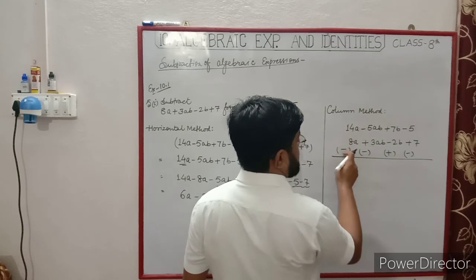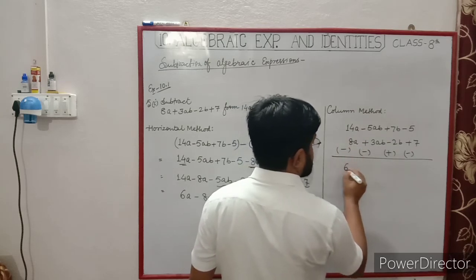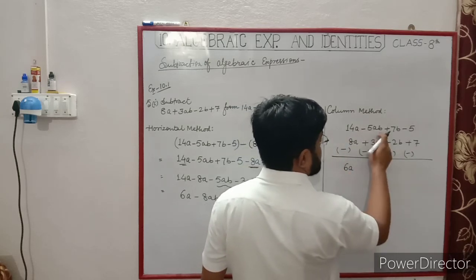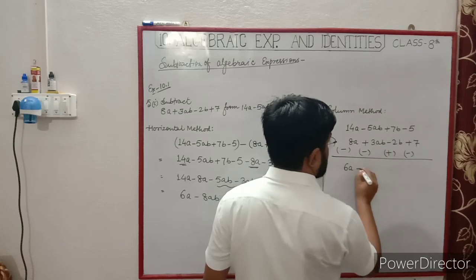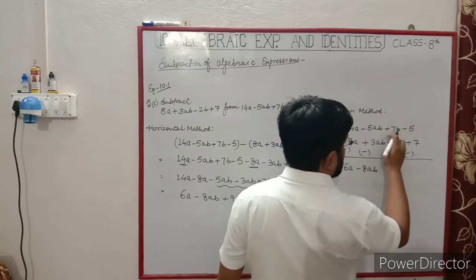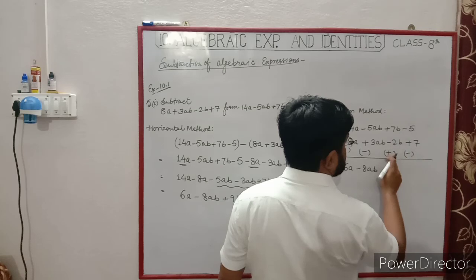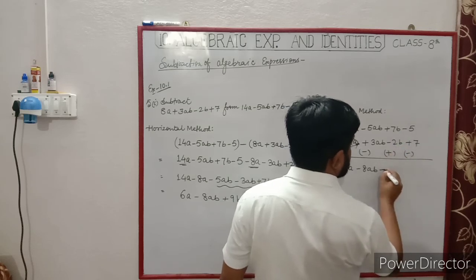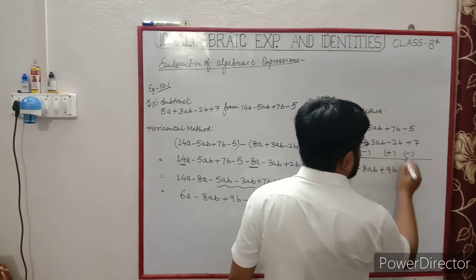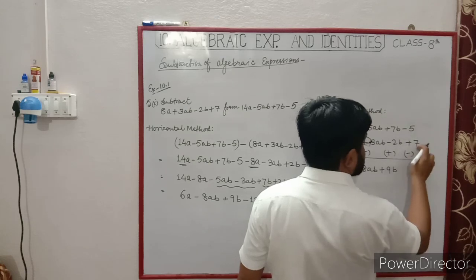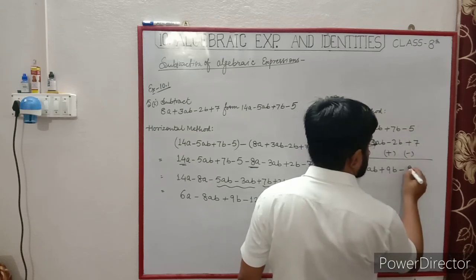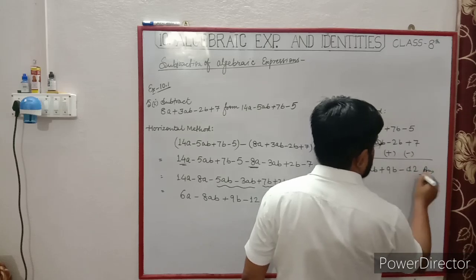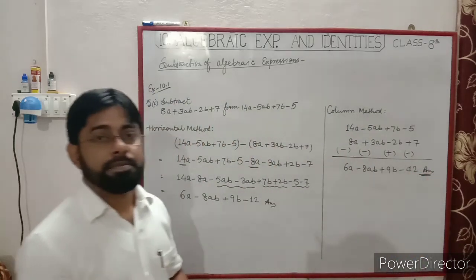Now 14a minus 8a, we have 6a, minus 5ab minus 3ab, we have minus 8ab, plus 7b plus 2b, we have 9b, minus 5 minus 7, we get minus 12. That is the answer. Thank you.